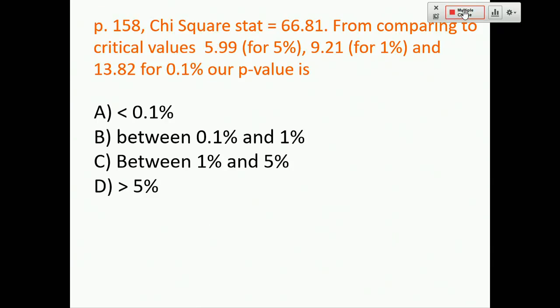Okay, and I'll start this. So this is our chi-squared. You're going to compare it to these critical values, and from that, you should be able to decide which one of these is true for our p-value.